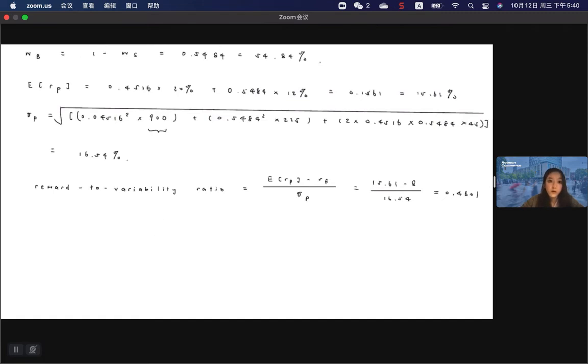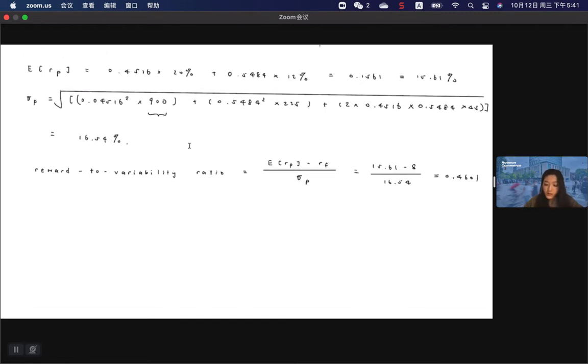So here you have it. This is basically the reward per unit of risk that you take.